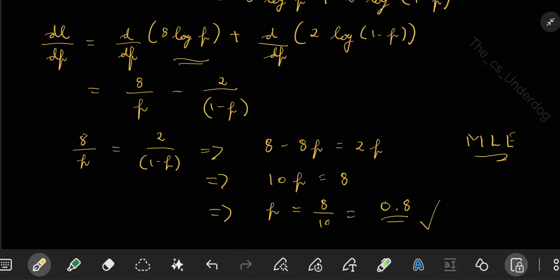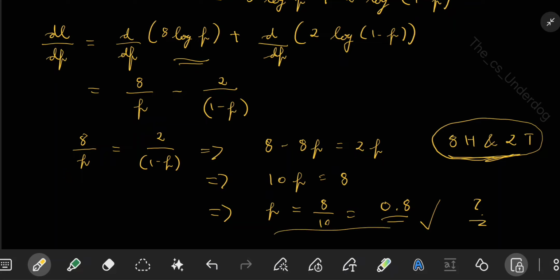Now let us discuss. What does this mean for you? This means the data. What is the data that you had? Your data was 8 heads and 2 tails. This is the observation that you had. This data of 8 heads and 2 tails occurs when you do 10 coin tosses. This particular data provides the strongest support for the coin toss having bias 0.8.